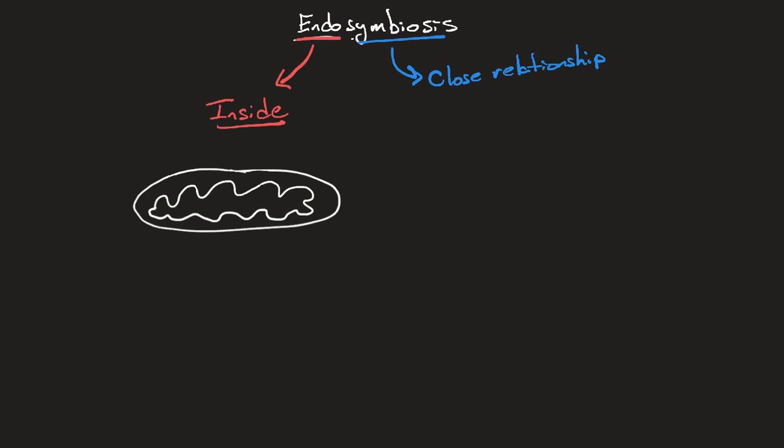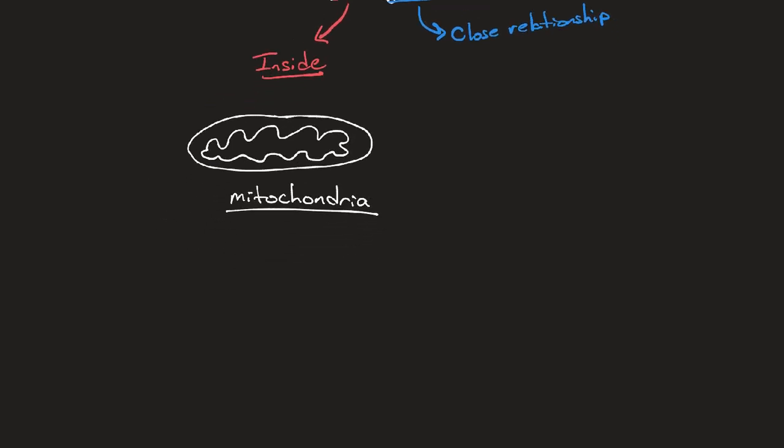The nucleus is made of a membrane. The mitochondria is made of two membranes. The mitochondria has its own DNA. Isn't that weird?